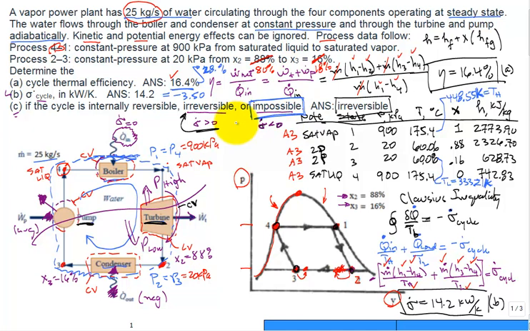At this point, you're looking at it and you say, well, that little change from 88 to 80% and from 16 to 18% on the quality, that's all you did? You didn't change the temperatures. You didn't change the pressures. You left this saturated liquid, this saturated vapor. But somehow that cycle's now impossible.